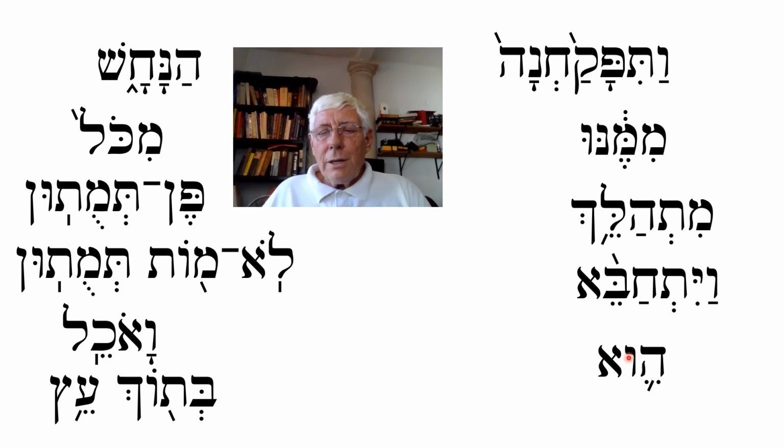He is a she. Now the vav right here normally would take an O sound or a U sound. That is a holam or shuruk. But when we're talking about a female personage, it has to be with a hirik, this little dot right here on the right here. And this would be ketiv and qere.